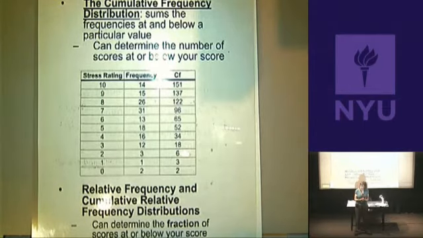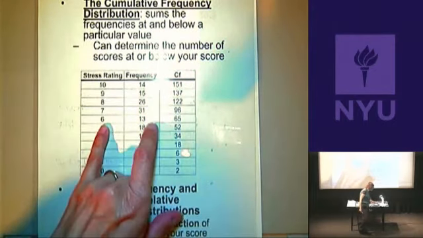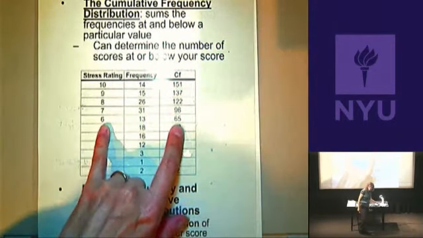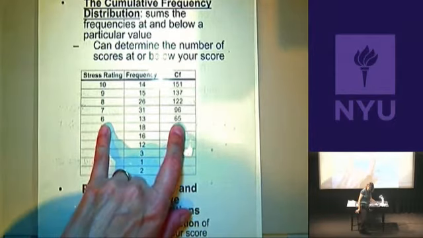We're going to be talking about that a lot, locations of scores in distributions. So this is one way to get it, so that I know that for a score of 6, let's say, 65 people scored 6 or lower. So that's helpful. We can take it another step further.